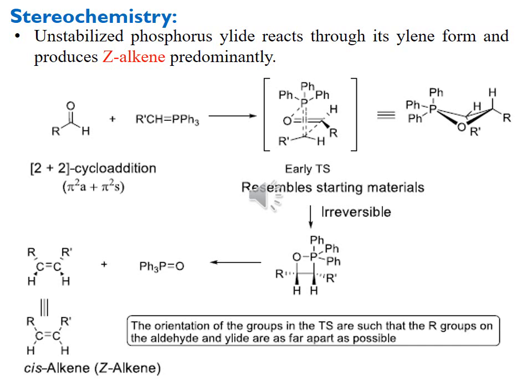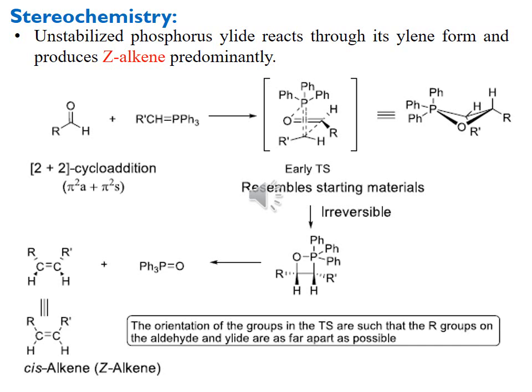As we discussed earlier, unstabilized phosphorus ylides give Z alkene and stabilized phosphorus ylides give E alkene. Now we will go through this point in terms of reaction mechanism. Here you can see that aldehyde or ketone reacts with phosphorus ylide to give an early transition state. Early transition means that it resembles the reacting species. Also, this can be seen in another way like this.